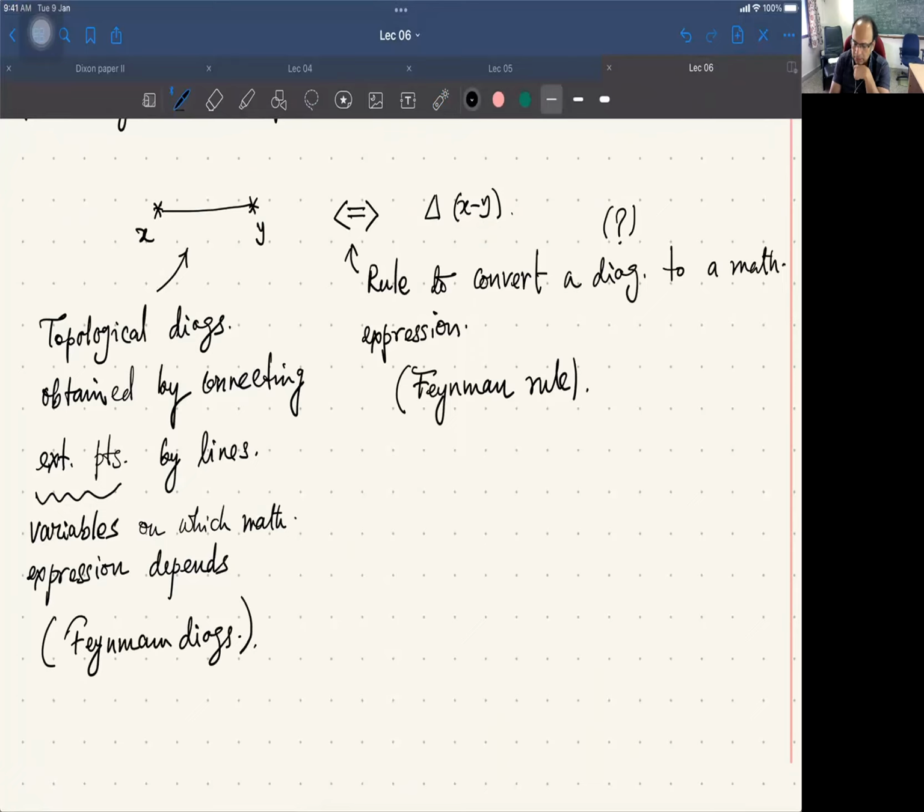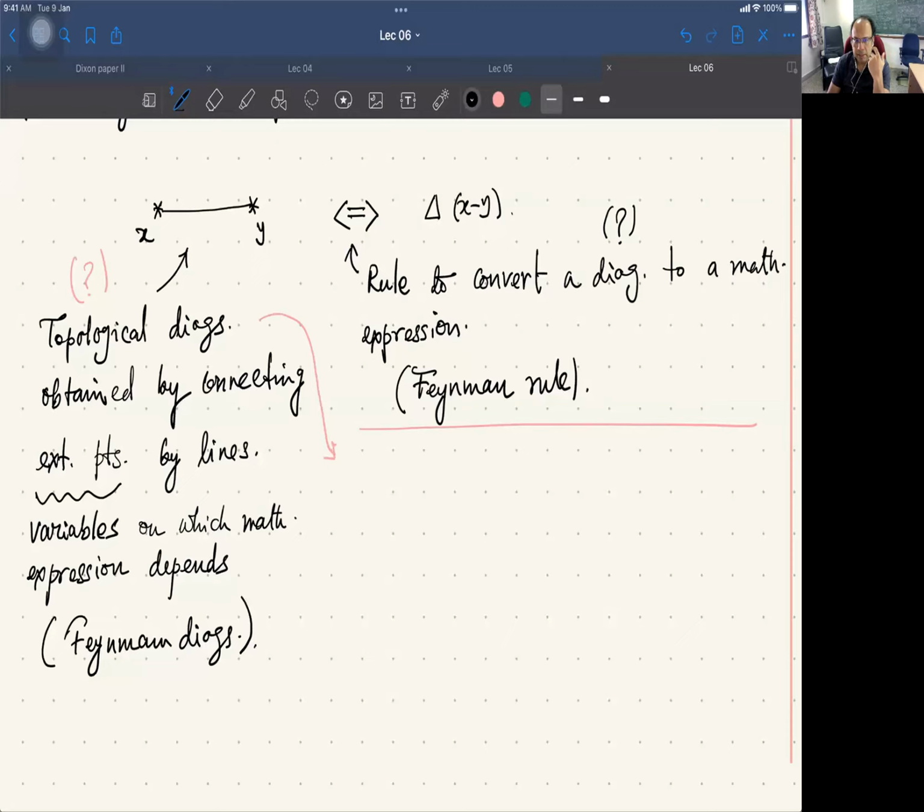So now let me explain what this topological diagram means. The rule is that you take the external points and connect them by lines, but then you can draw infinitely many such diagrams, but I'm drawing only one diagram.